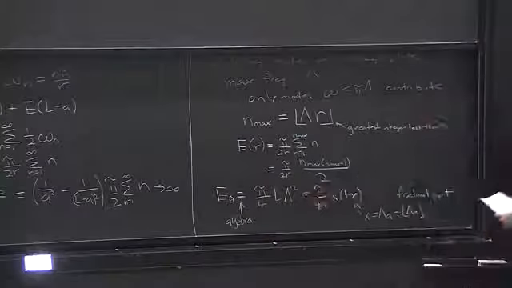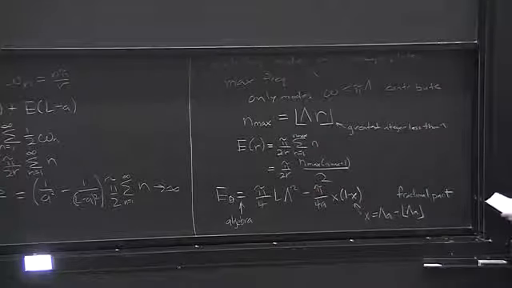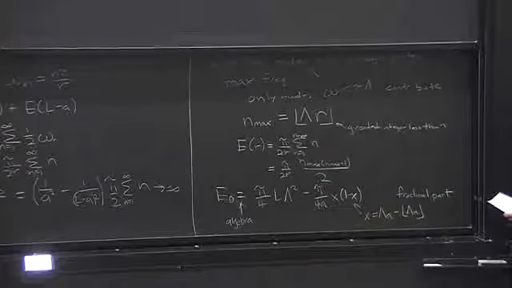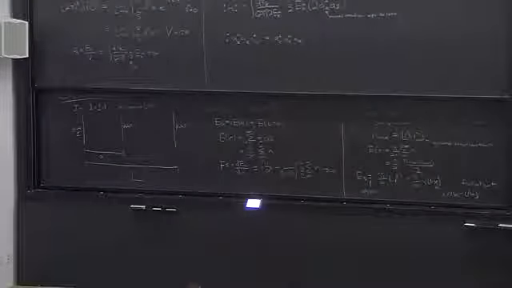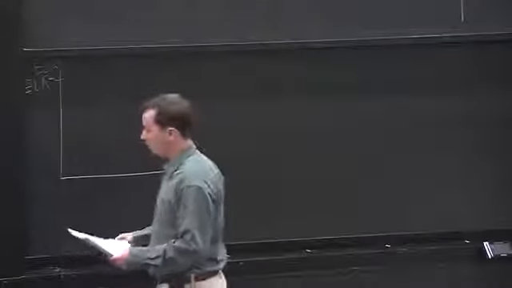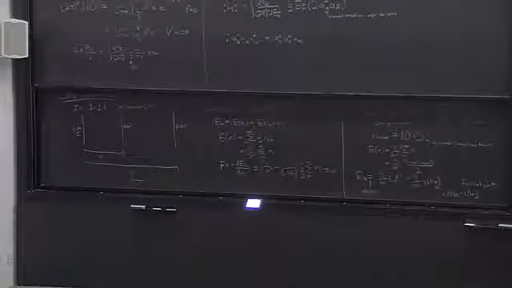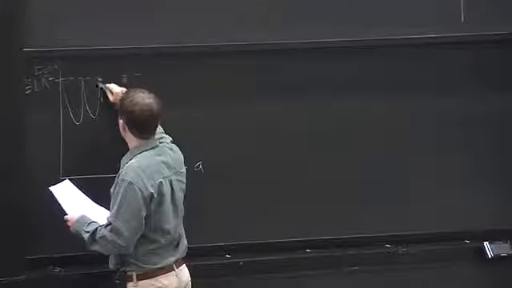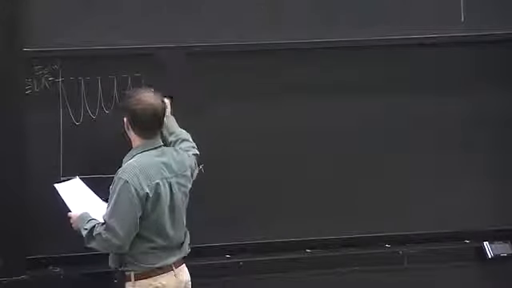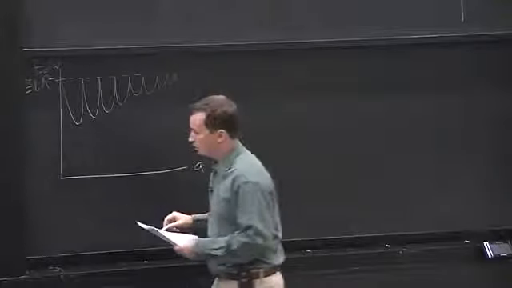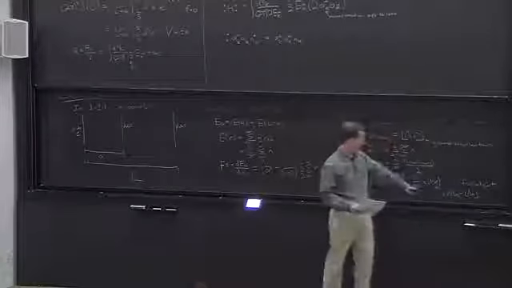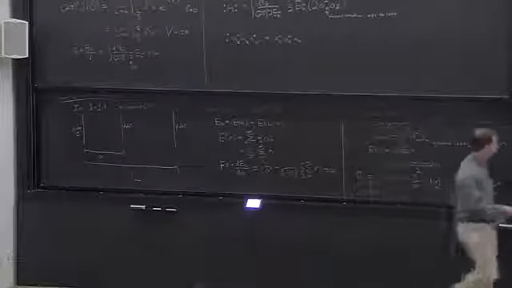So there's a maximum value for E naught of A. That's just this other term. And this is oscillating. But as A gets bigger, the amplitude of the oscillations gets smaller.